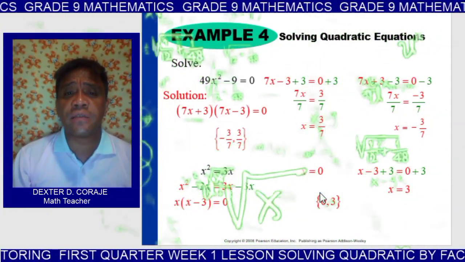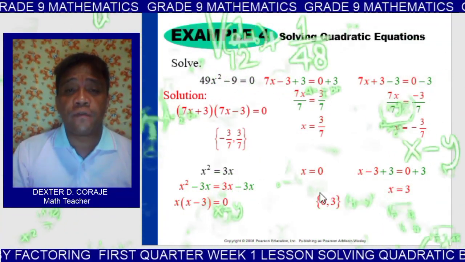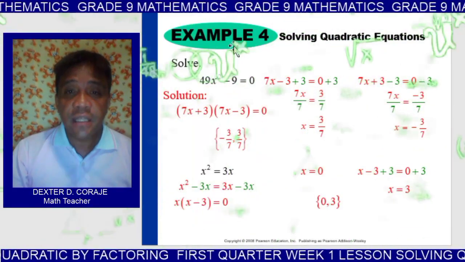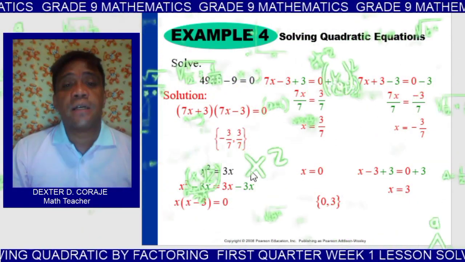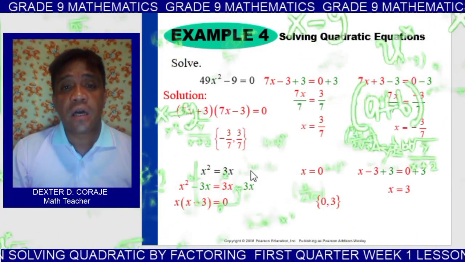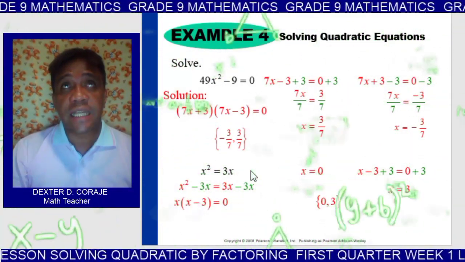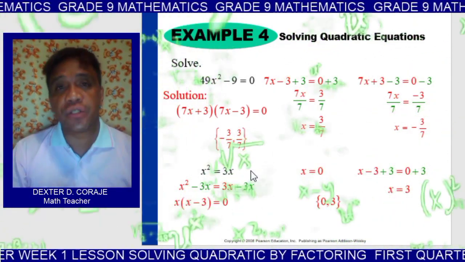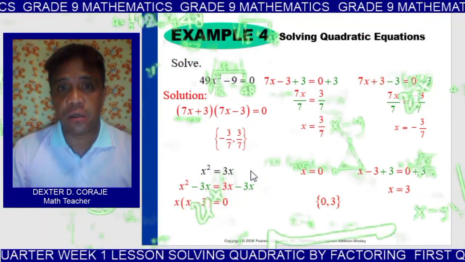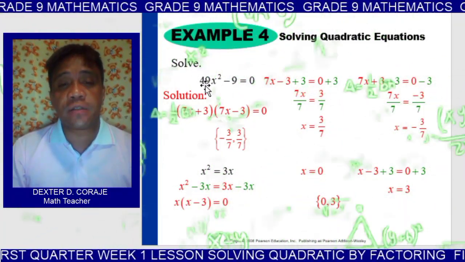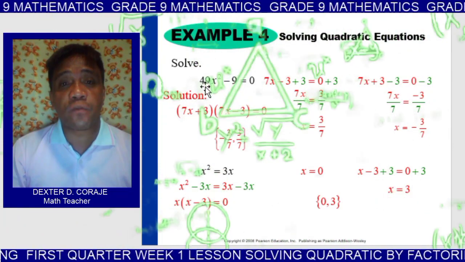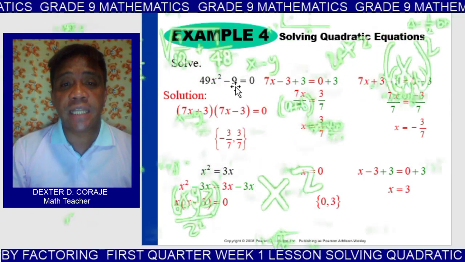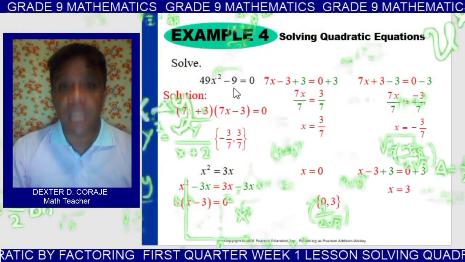Okay, another one is we have solve for 49x squared minus 9 is equal to 0. Then again, the given example is equated to 0, so that one is written in the standard form, but we don't have a linear term. Take note, we don't have a linear term, but take note the quadratic term, which is 49x squared, is a perfect square of 7x, while the 9 is also a perfect square of 3.